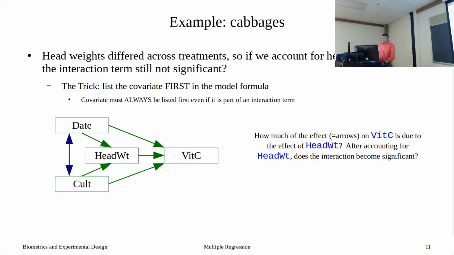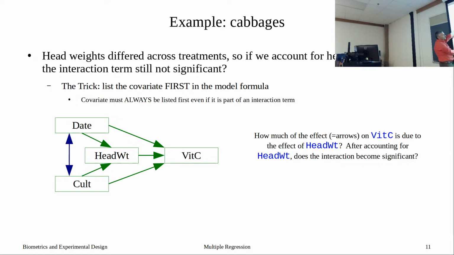So, I'll kind of help you through this. If we put together a flow diagram, and anytime you think about stuff, this is something I would probably recommend doing when you have your dependent variable and you're looking at all these measurements. Put together a diagram, think about how things might be related. So in this cabbage data set, we ignored the effect of head weight initially.